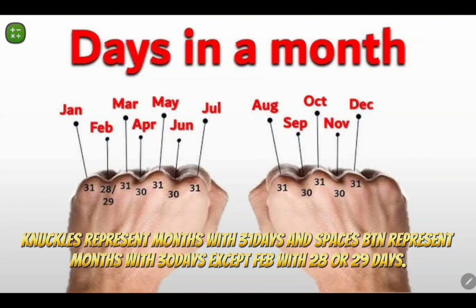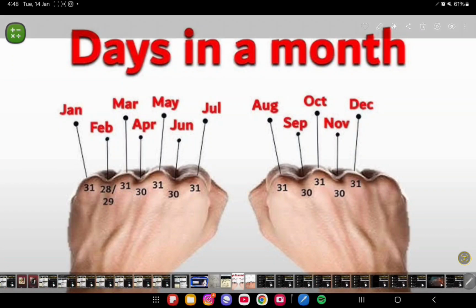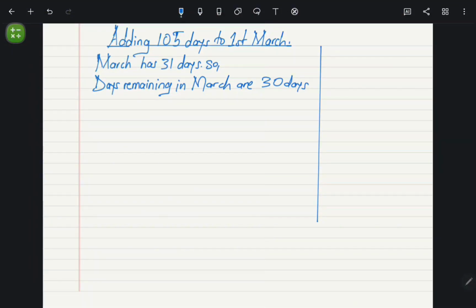So we are seeing here that our March has 31 days, then April has 30 days, May has 31 days, June has 30 days, and so forth. So using the knuckle method, you can easily identify how many days are found in each month of the year. So now, with that being said, let us continue to working out our number.